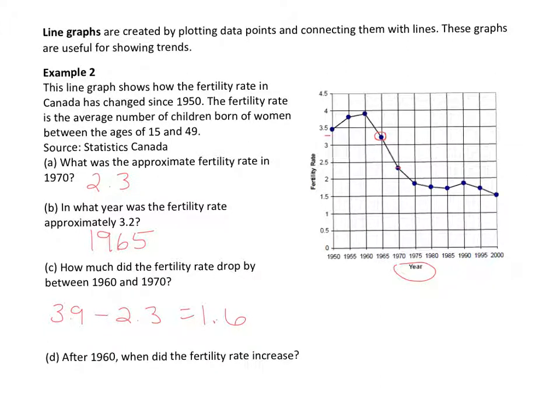And the last question is, after 1960, when did fertility rates increase? So 1960 is the peak, and then it's pretty much going down, but we can see that between 85 and 90, we have an increase. It's just a slight increase though, from 1.7 to 1.8 or something in that neighborhood.